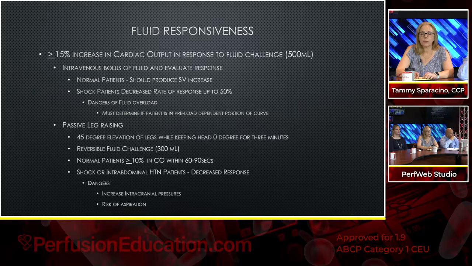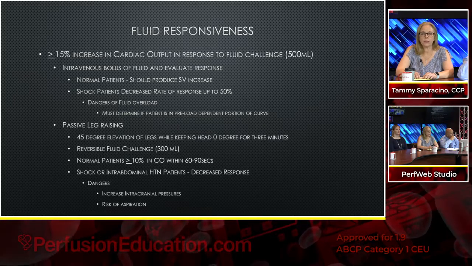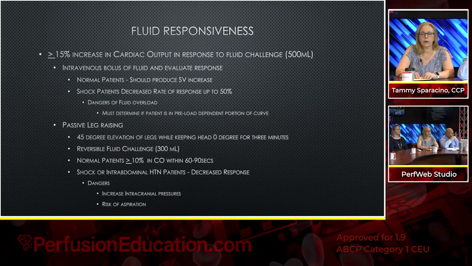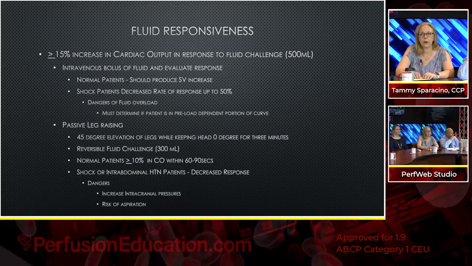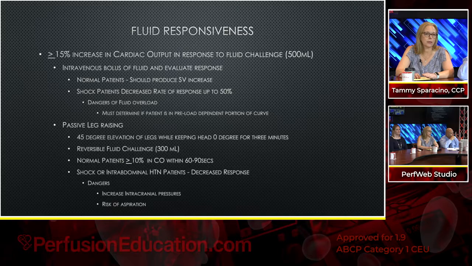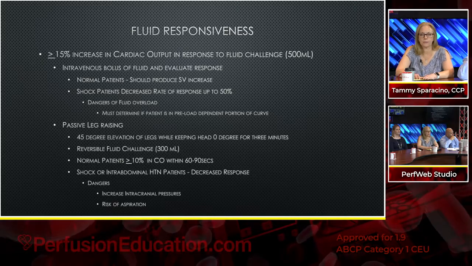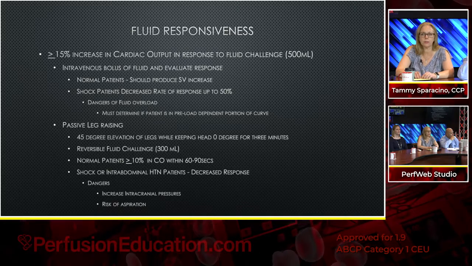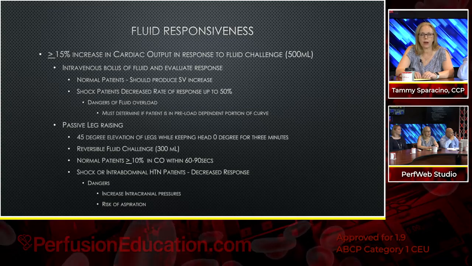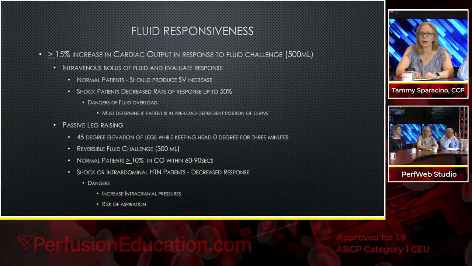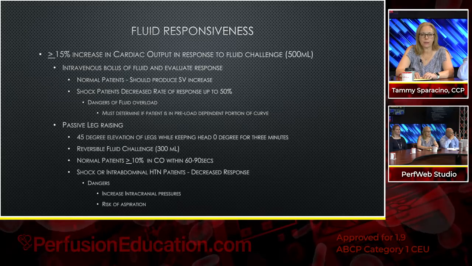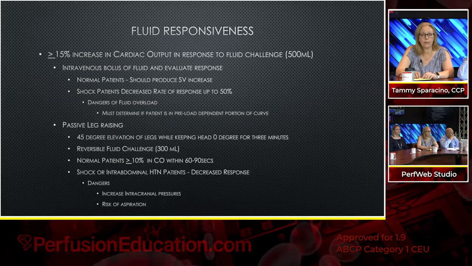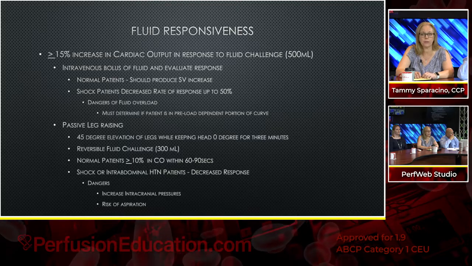So a positive fluid response would be a greater than or equal to 15% increase in the cardiac output in response to a fluid challenge, which is typically about 500 mLs. An intravenous bolus of fluid is given, and then you evaluate the response, just like Katie talked about. So a normal patient should produce a stroke volume increase, but shock patients will have a decreased rate of response, up to 50%.